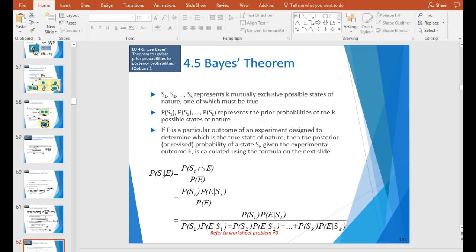Probability of S1, probability of S2, all the way up through the probability of SK represent the prior probabilities of the K possible states of nature. If E is a particular outcome of an experiment designed to determine which is the true state of nature, then the posterior or revised probability of a state S sub I given the experimental outcome E is calculated using the formula on this slide.